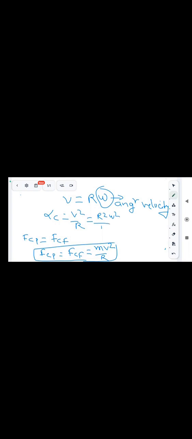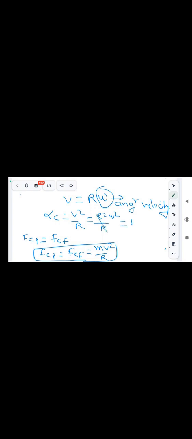Here omega is the angular velocity of the object. Therefore we have centripetal acceleration alpha c equal to v square upon r, that equal to r square omega square upon r.